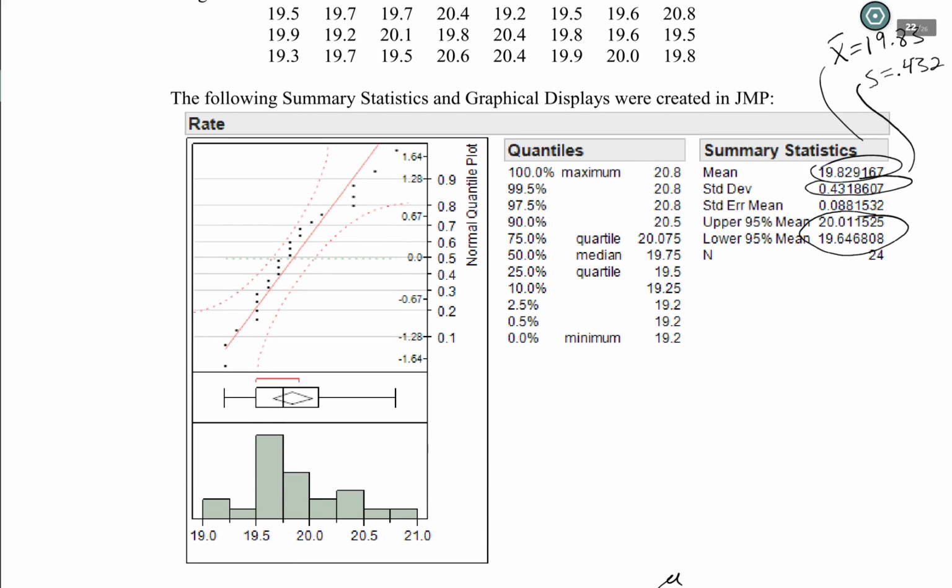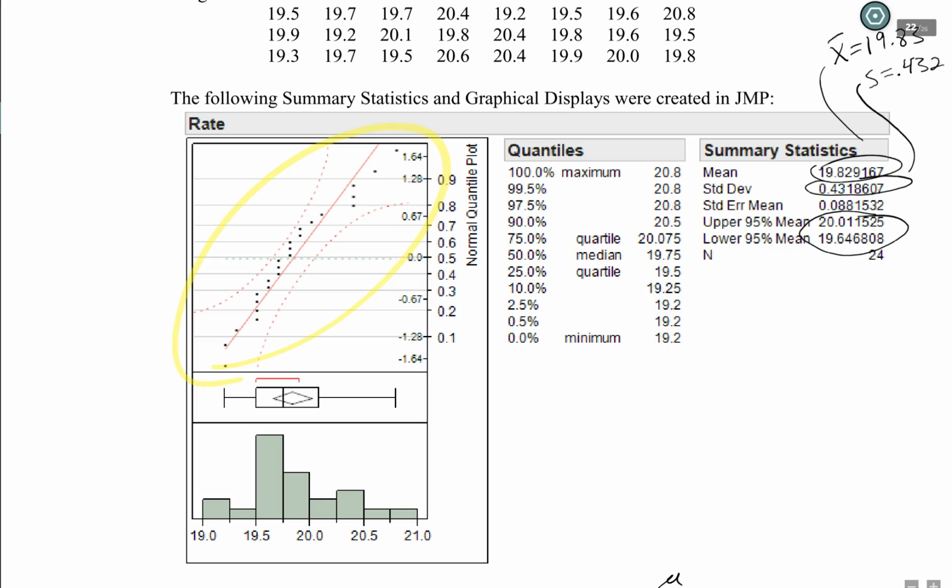Look here at the QQ plot. It doesn't quite look as linear as the previous one, but there's not a lot of points. There's not any points outside the dashed curves there, which would be a strong departure from normality. And so we're going to continue with the assumption that normality is okay.